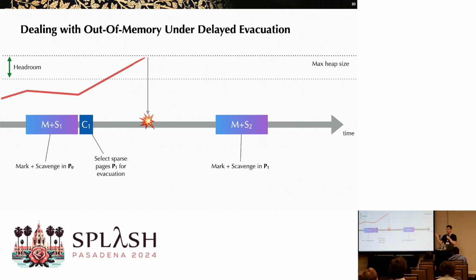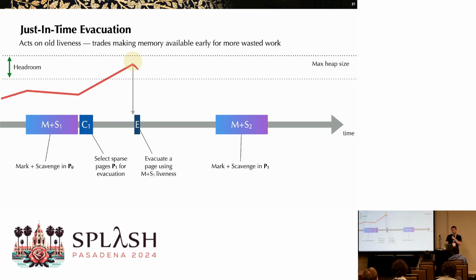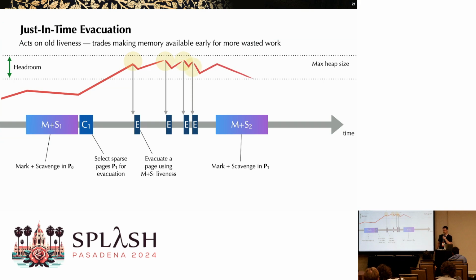So when we're getting close to running out of memory, we can just pick one of these pages. Right before that, we evacuate some objects, and everything is fine. And the problem is solved. We call this technique just-in-time evacuation because we are evacuating just before we actually need it. And we can repeat the process as many times as needed in between cycles.